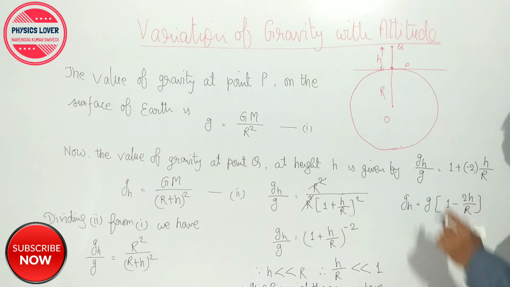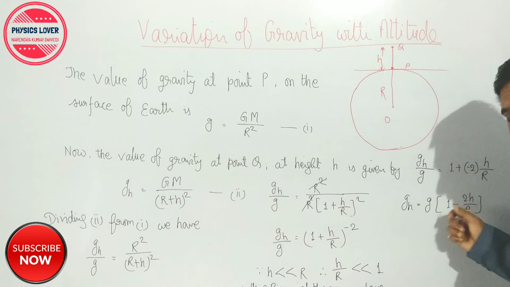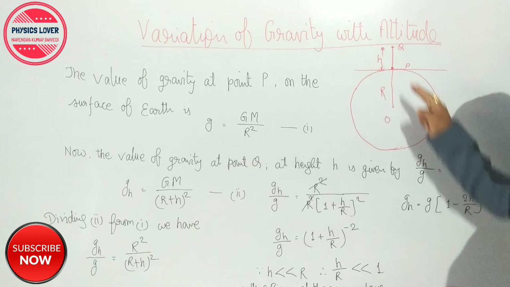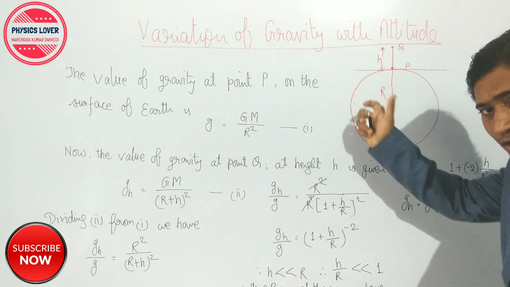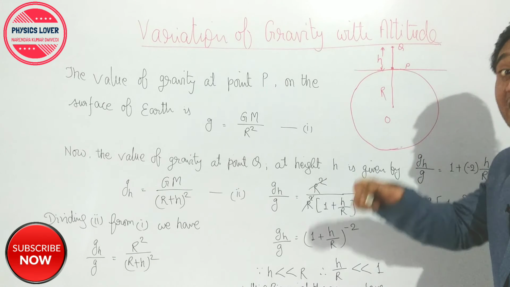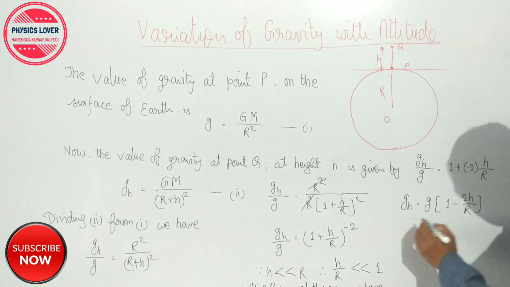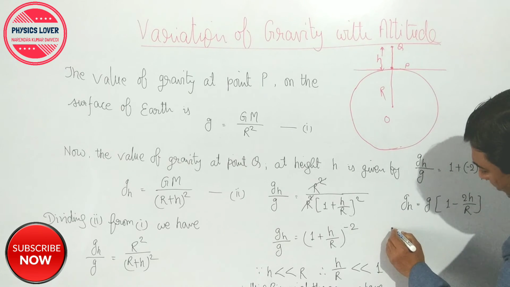So students, it's quite clear from this expression that as the height H of the body above the ground increases, it makes the gravity decrease from the value on the surface of the earth. So what can I write for conclusion?